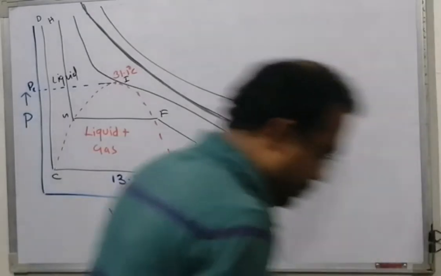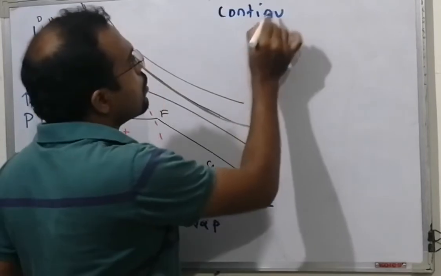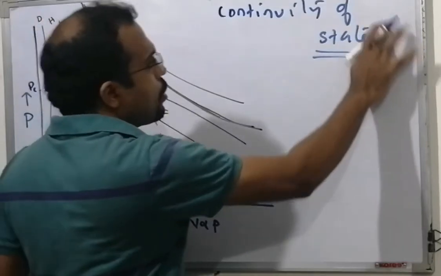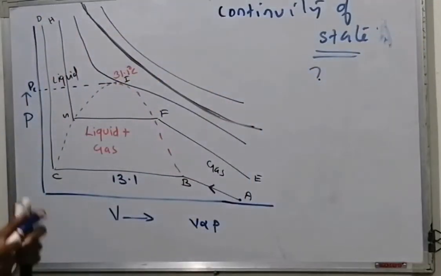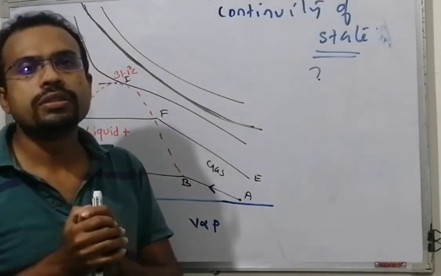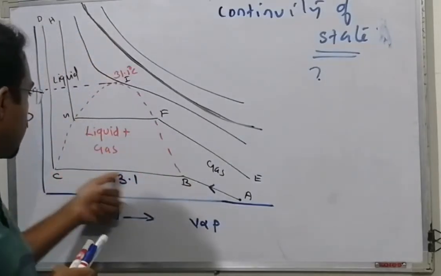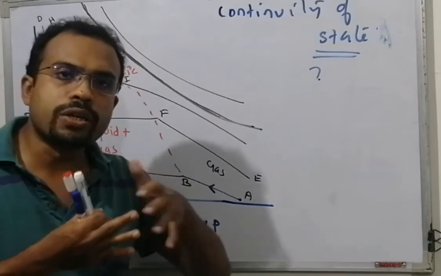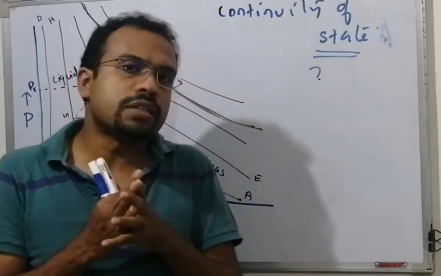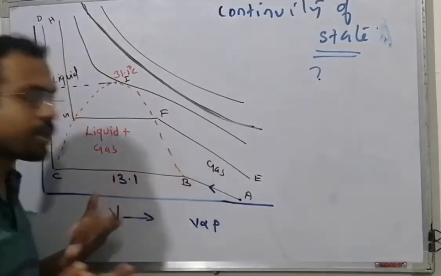Yes. Now I will discuss another topic, continuity of state. What is this? The question is, can you convert gases into liquid state without passing through an intermediate state, that is, a gas-liquid intermediate state?